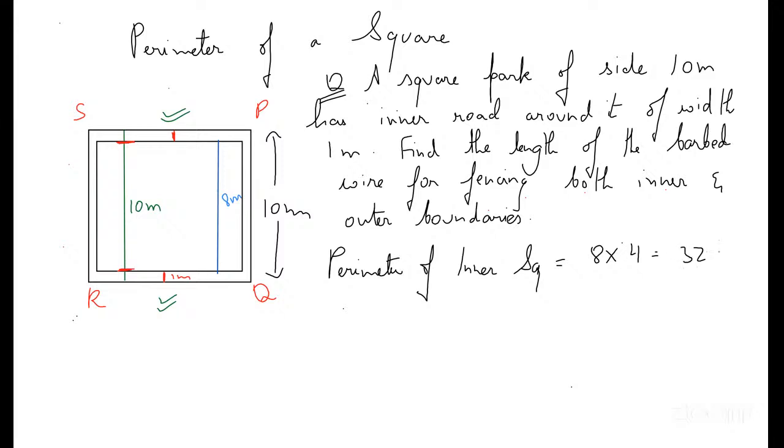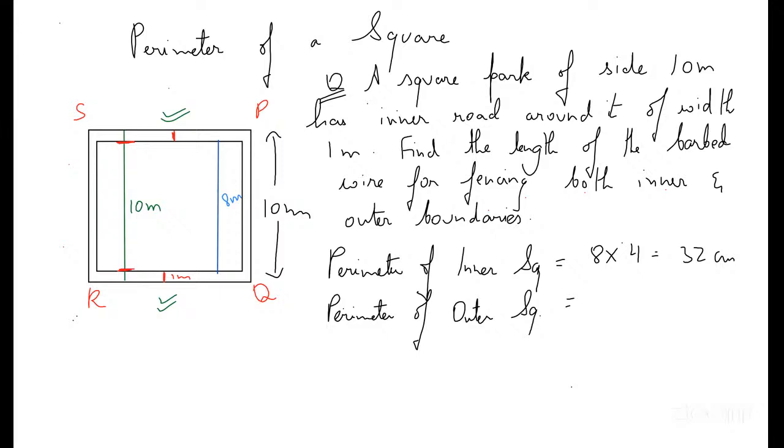How is the inner square 8 meter? Won't it be 9 meter because there's a difference of 1 meter?